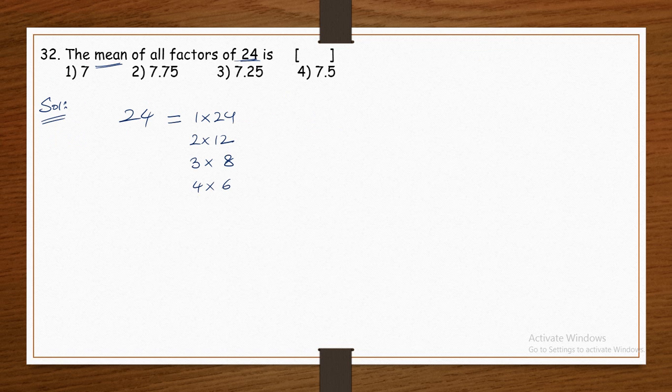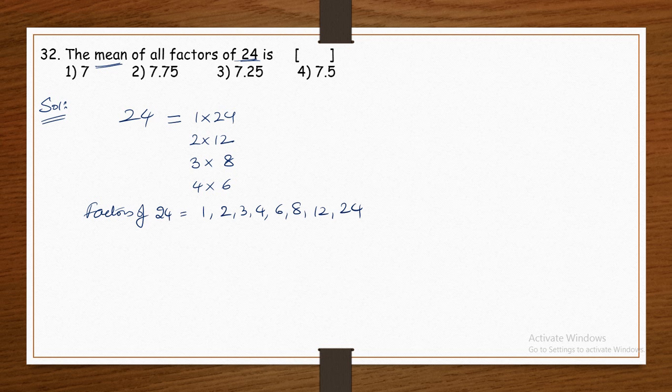Next, reverse, so you will be getting 6 into 4 likewise. Again you are going to get the same things. So the factors of 24 are 1, 2, 3, 4, 6, 8, 12 and 24.